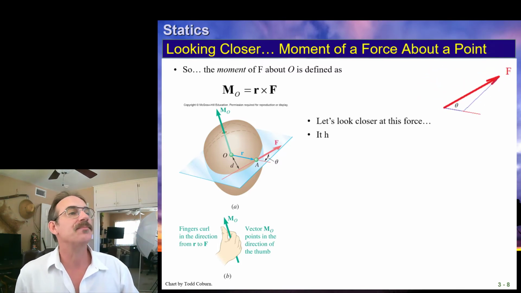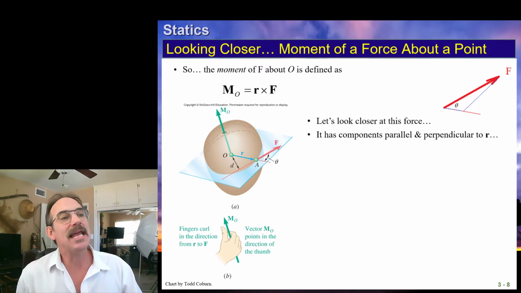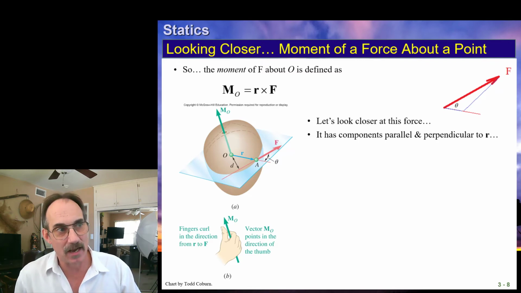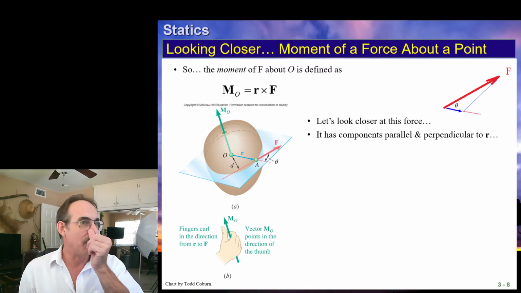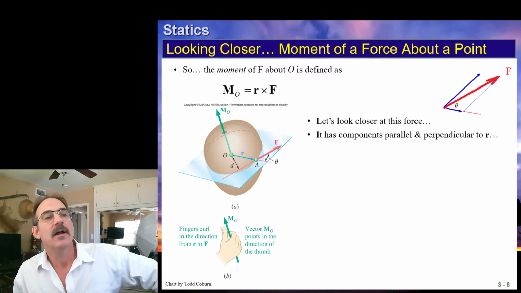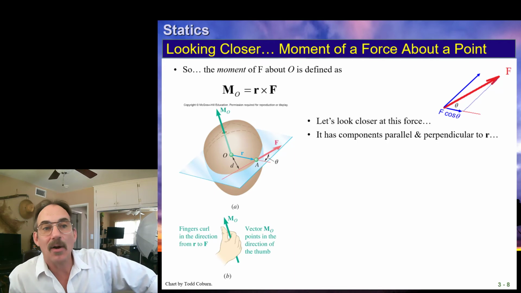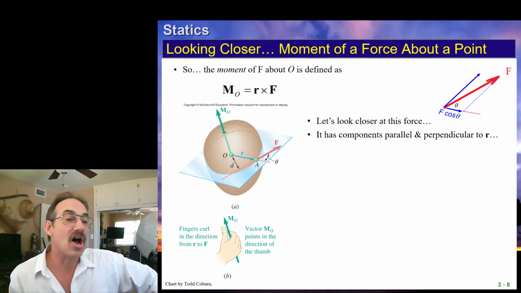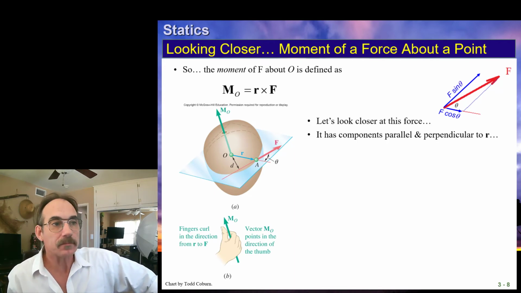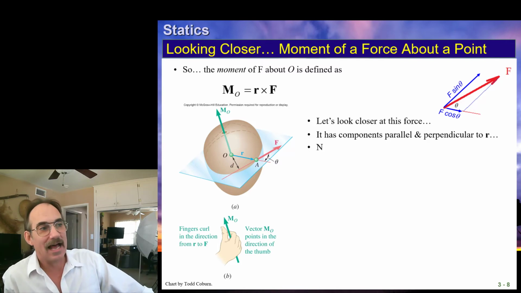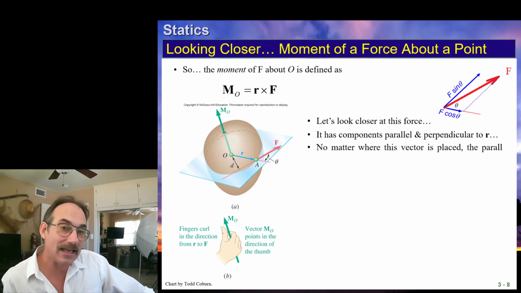Here's our force, okay? We can see we have a component that's parallel to and perpendicular to R. This is quite similar to what I described in 5A's video, okay? That component parallel and perpendicular. The component that is parallel doesn't cause any rotation to that element. It's only the perpendicular component.